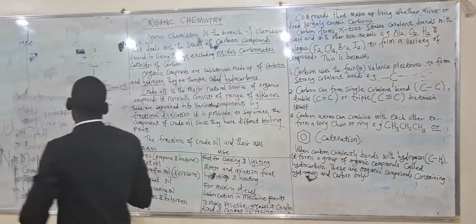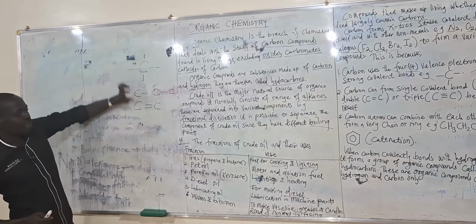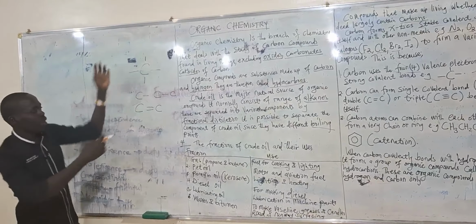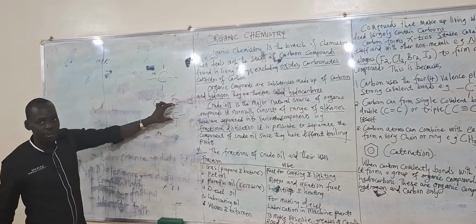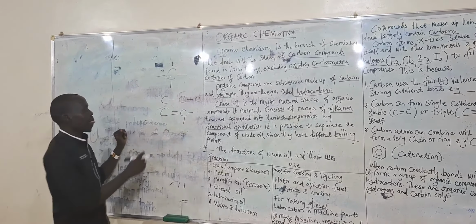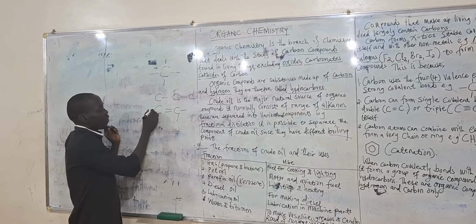That means if this one has a double bond, for this carbon to be stable, we shall have 1, 2, and I will add another one here, 3, 4. So that means this carbon is very stable. Then this carbon atom also we shall have 1, 2, 3, 4.